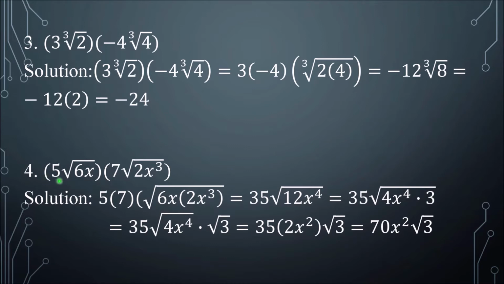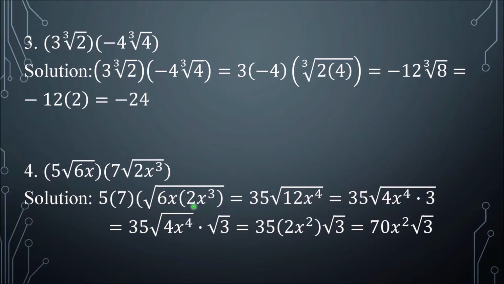Number 4, 5 square root of 6x times 7 square root of 2x cubed. So first, the coefficients, 5 and 7. So 5 times 7 is 35. And then next, the radicands, 6x times 2x cubed. And then the radical sign, square root.